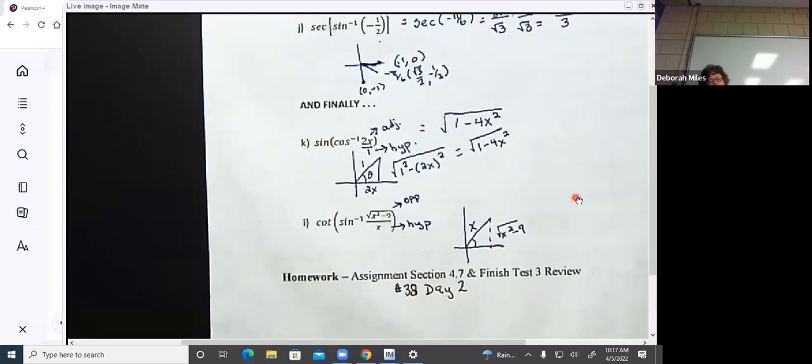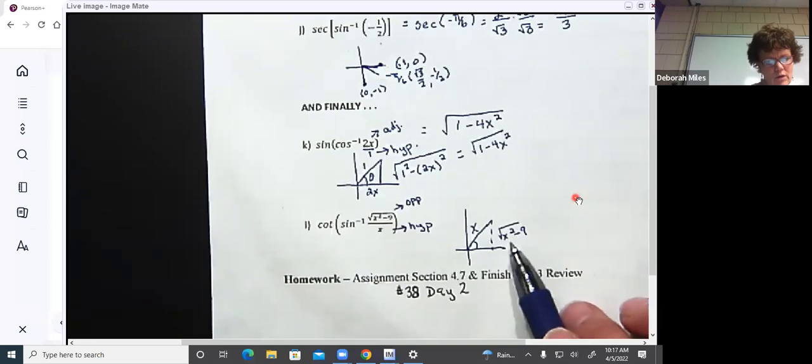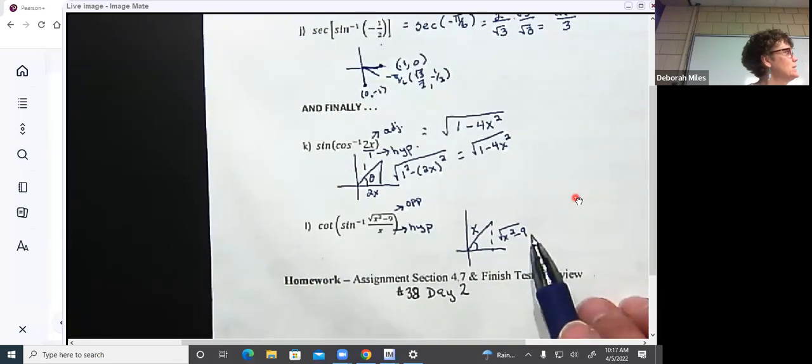I may have to squint a little to figure out adjacent. I bet you can do it just by squinting and not even having to write anything down. What would that adjacent have to be in order for this opposite to be square root of x squared minus 9?